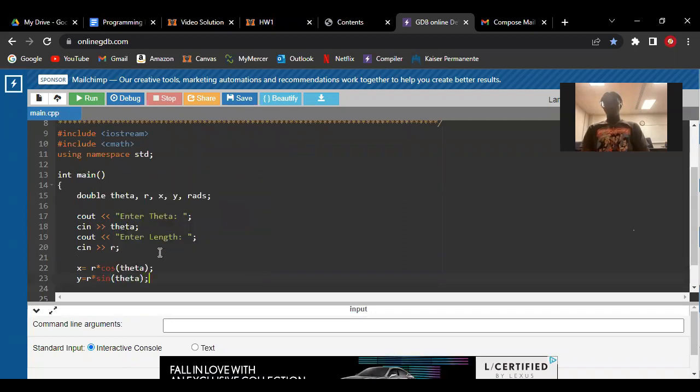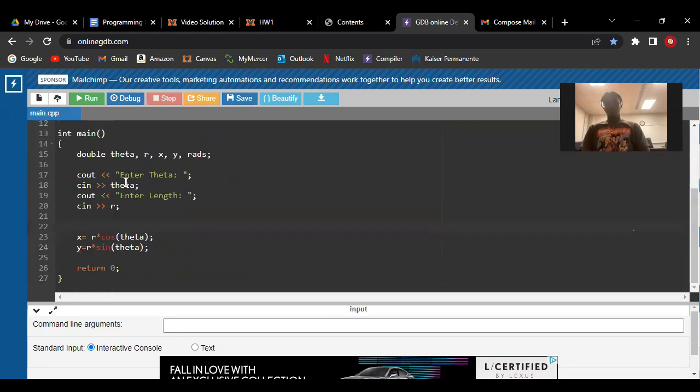But wait, because we missed something along the way. Our theta is being inputted in degrees. However, in order to do proper trigonometric functions, we have to convert it to radians. So what we're going to want to do then is take our rads and set it equal to theta, which is degrees, multiplied by pi, which is 3.14, over 180, because that's the proper way to transfer degrees to radians.